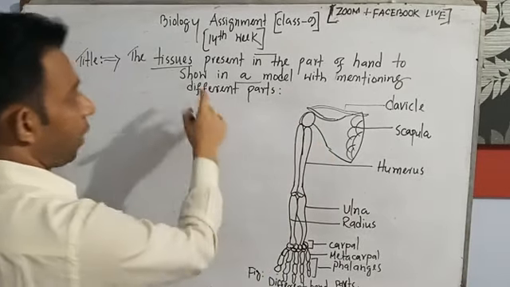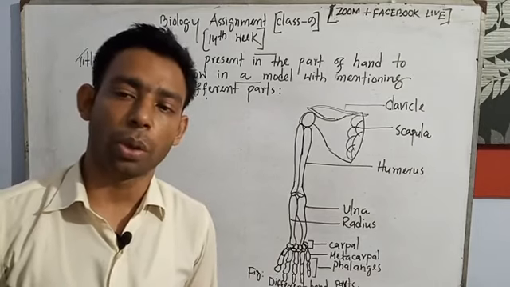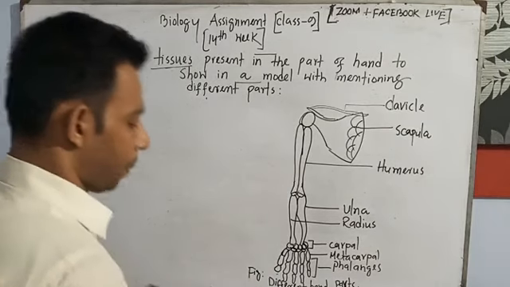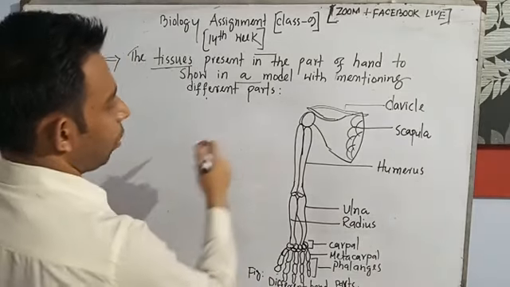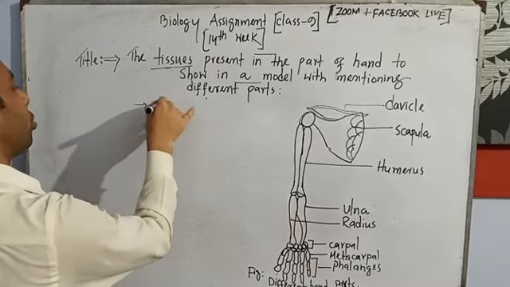But finally, the tissues involved inside the bones. We know the outer part always has what type of tissues. Inside the bone there will be the connective tissues.